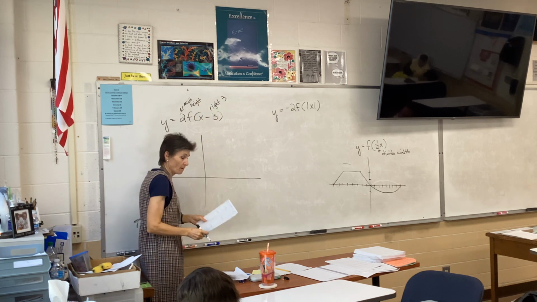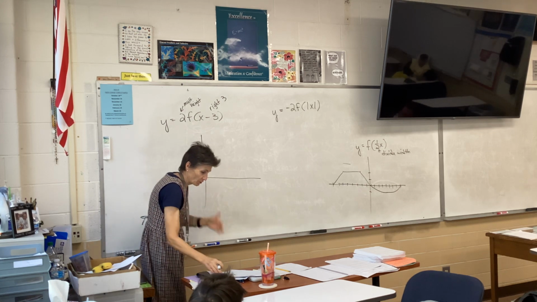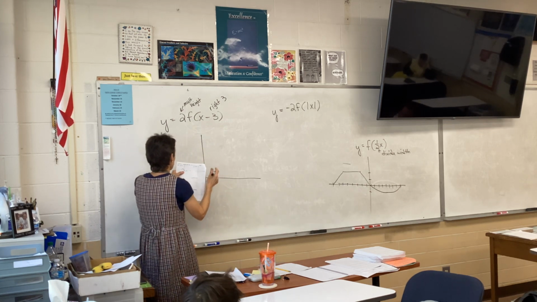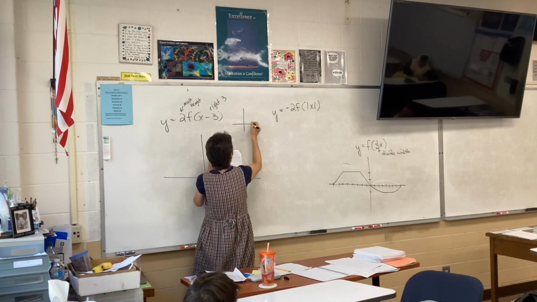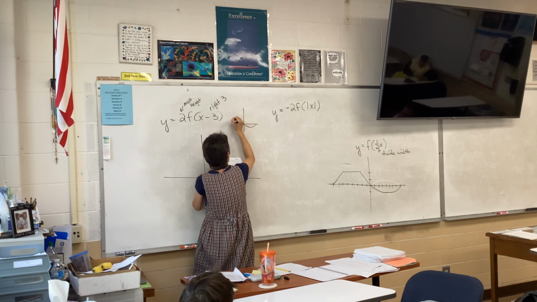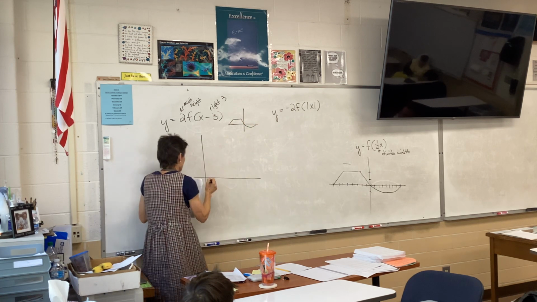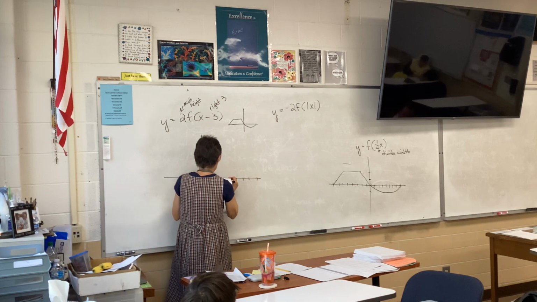I think I'm going to start by moving it right 3. Oh shoot, I erased my original. Oh well, you've got it there. All right, so I'm going to go right 3. So my original looked like this. All right, so right 3. My semicircle is going to start here then.